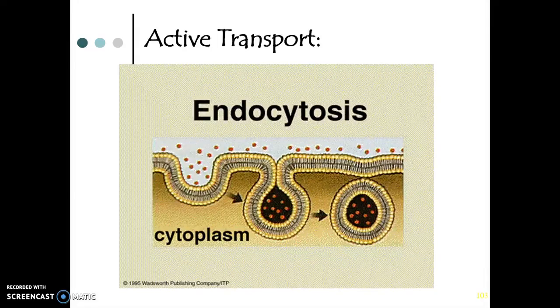Here's an example of another way that a cell can do endocytosis. Instead of having a transport protein that opens and closes, it can actually create a little bubble of the plasma membrane that sucks in what it needs. Maybe it's food, and it creates a little bubble, a little package. Do you remember the word for package?